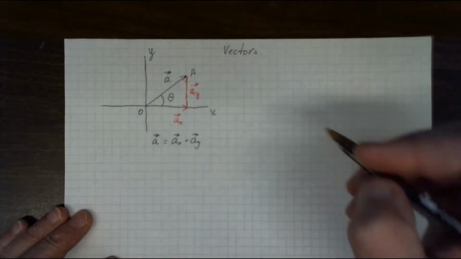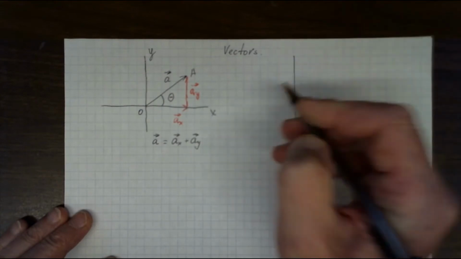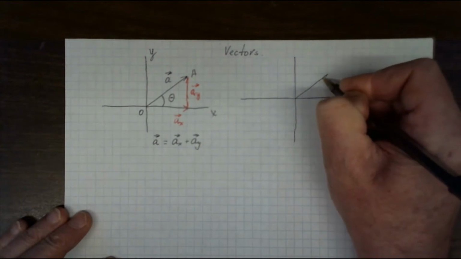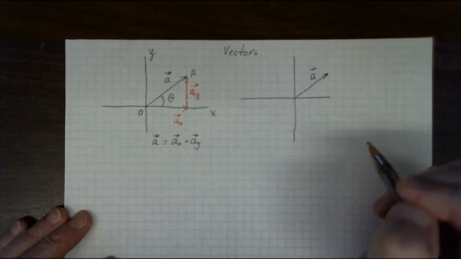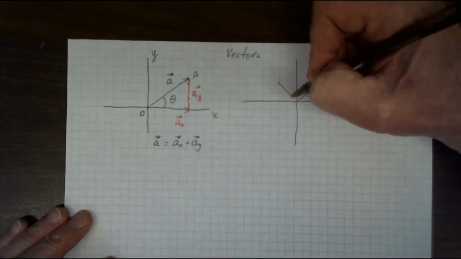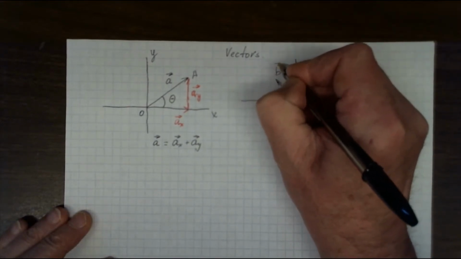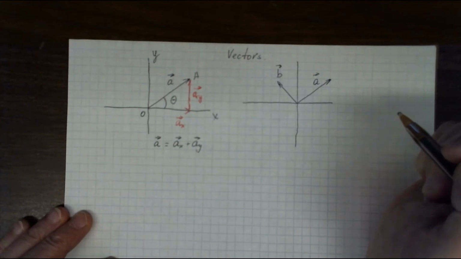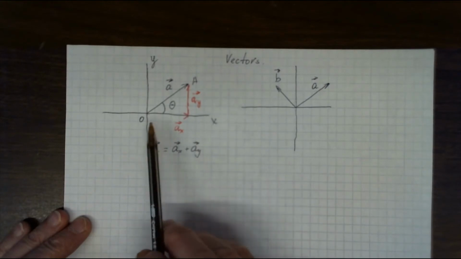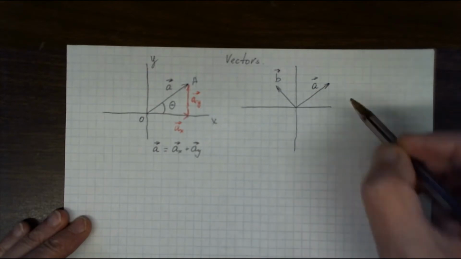So now, expanding on what I already said, if I have two vectors, vector A again and vector B, to add two vectors graphically, all I need is to arrange vector A and B head to tail.